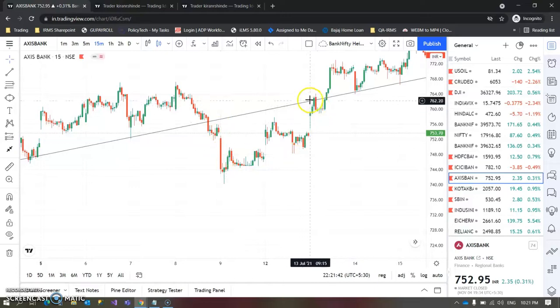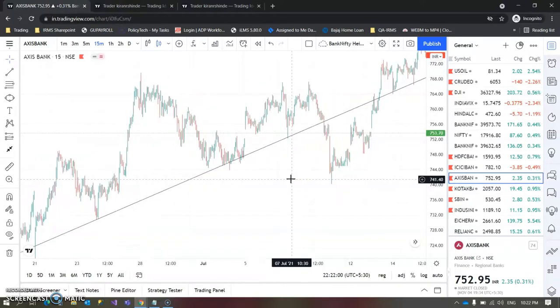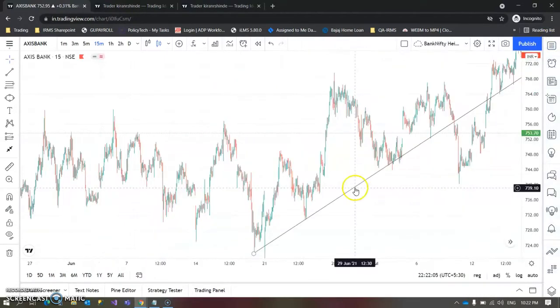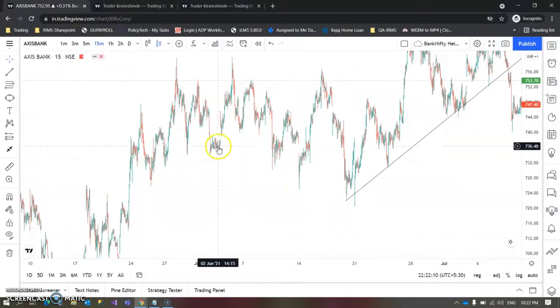So same here. When it approaches a support or resistance line to break, it would face resistance, and then in the second attempt it broke the resistance line. So even drawing the trend lines is not a big task. The only thing is that you need to place your chart in such a manner that at first glance you should be able to catch the slope of a trend, or at least the lower lows, and try to connect those.